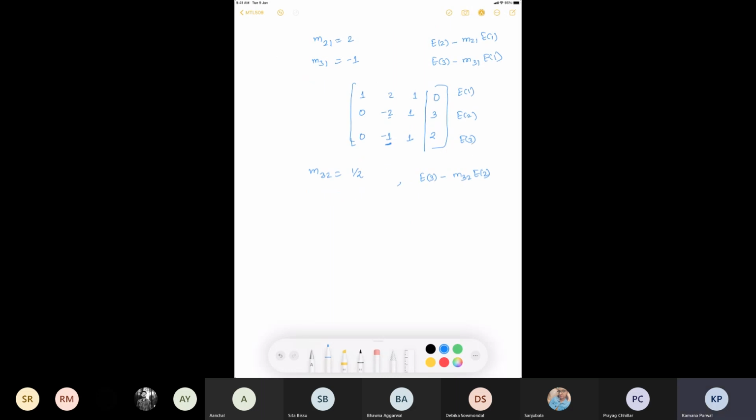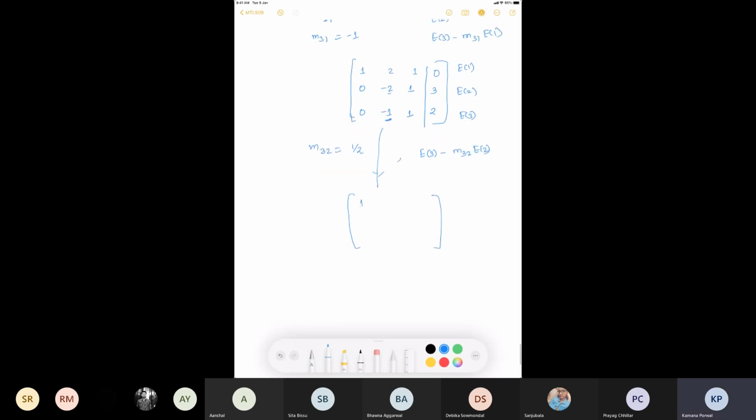This will reduce the matrix so that the first row remains as it is, the second row remains as it is. For the last row, this will be 0, this is 0. Now this will reduce to 1 minus 1/2, so this will be 1/2. And this is going to be 2 minus 3/2, so this is also 1/2.